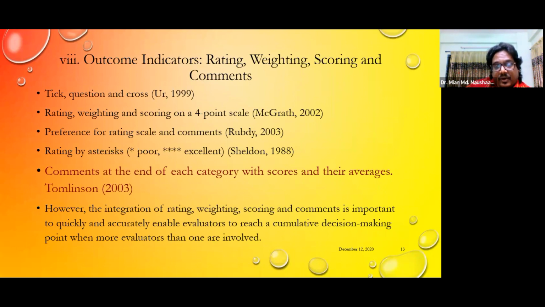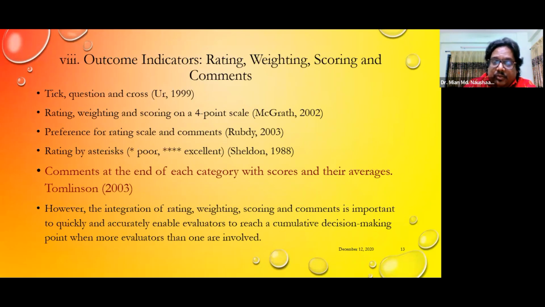Okay, so we have also found the use of stars. I mean, 1 star or 4 stars, poor, excellent, just on a 4-point scale. For example, Leslie Sheldon used this. Tomlinson especially talked about adding comments at the end of each category with scores and averages.